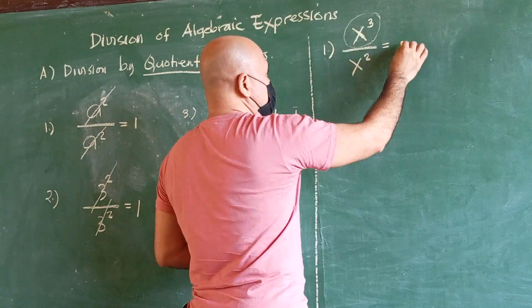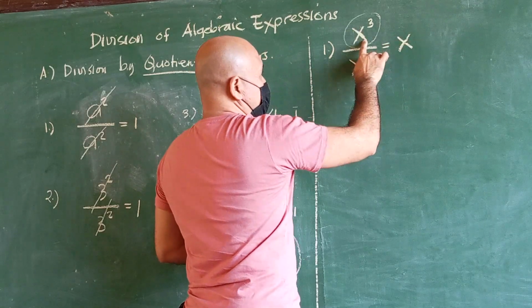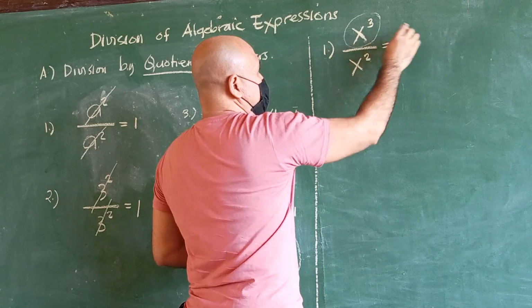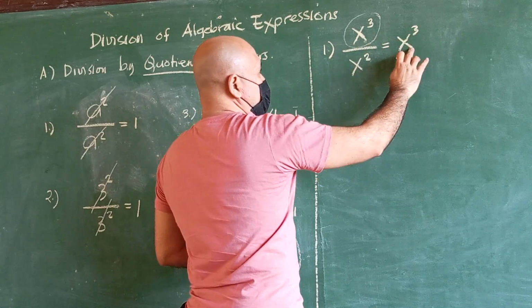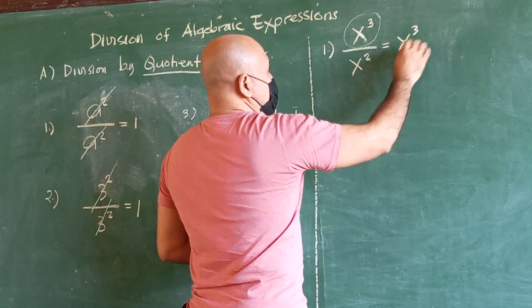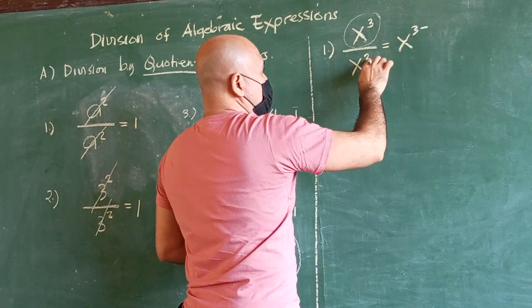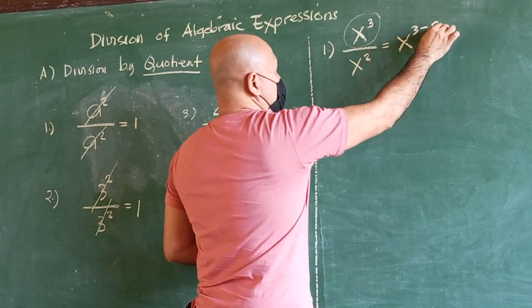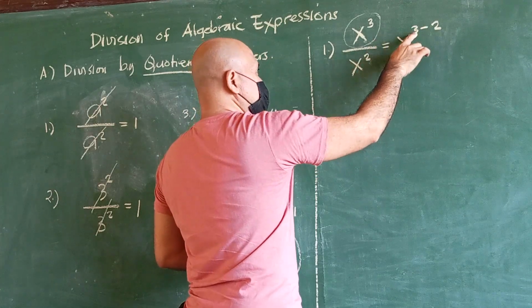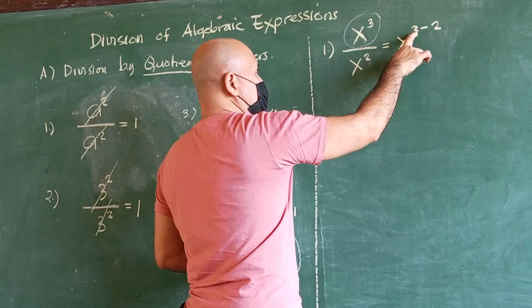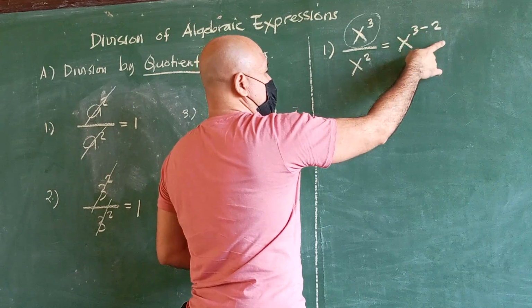So just bring down the numerator and copy the exponent. Then you subtract the exponent of the denominator from the exponent of the numerator, that is 3 minus 2.